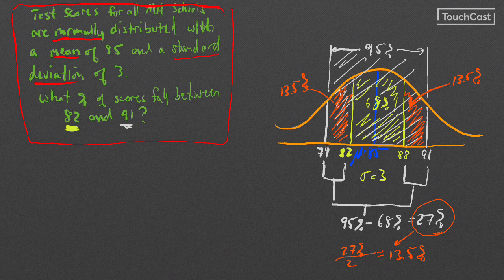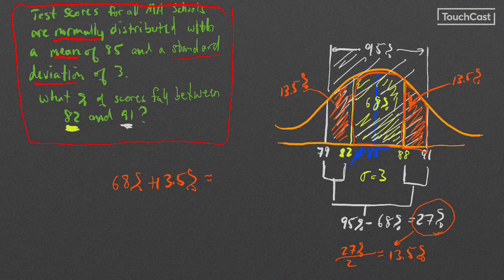Now I can simply add all the percentages up. They're asking for the percent that falls between 82 and 91. We know that this part right here is 68%, and this other part to the right of that is 13.5%.